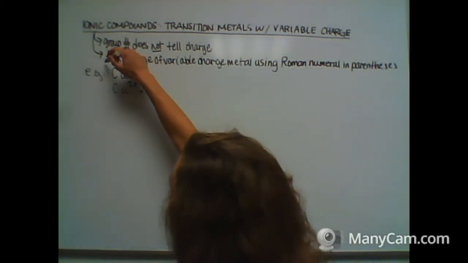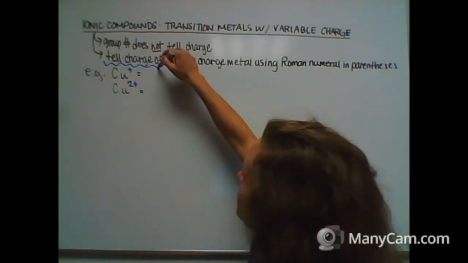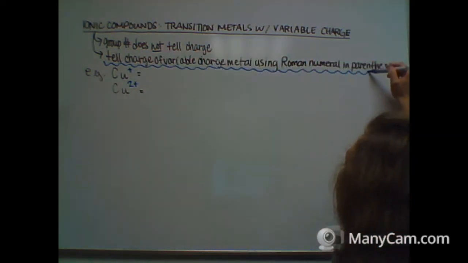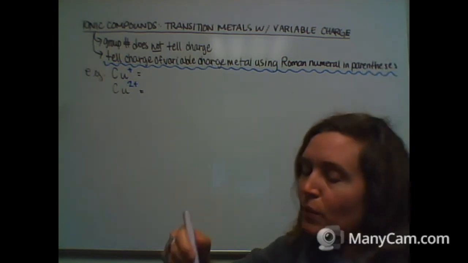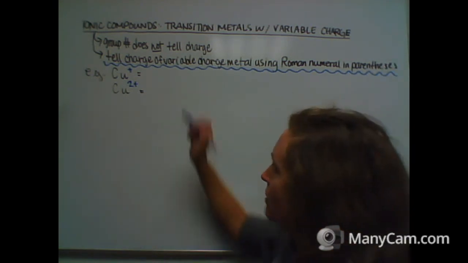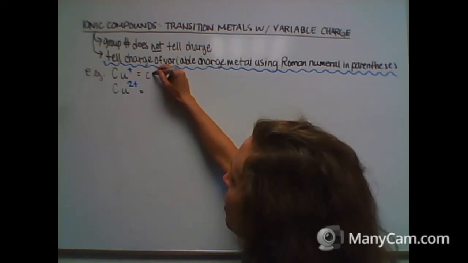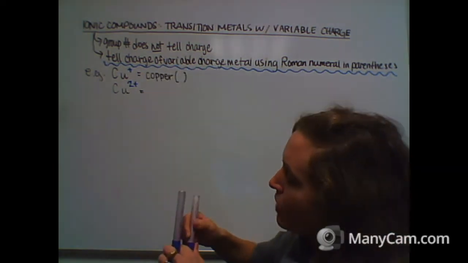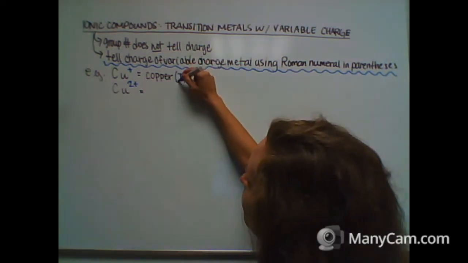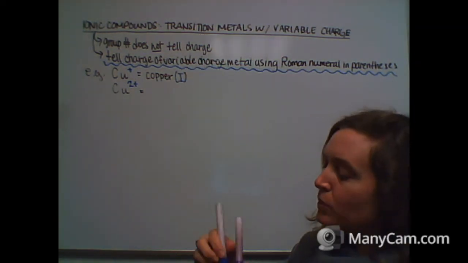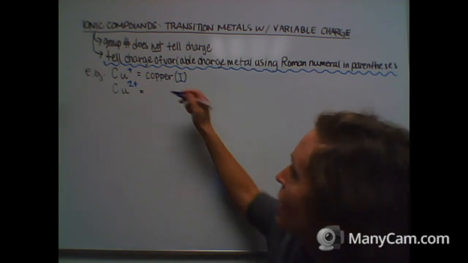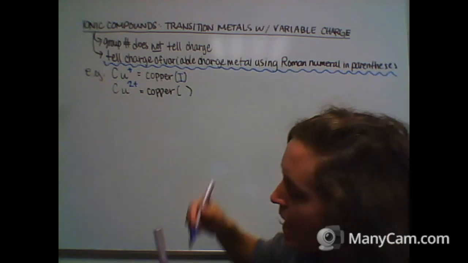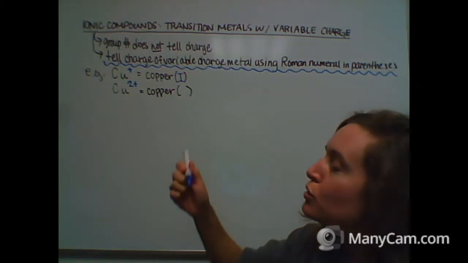And I'm going to underline this here in blue because that's an important point for today. Okay, so the way that we would say this ion, name this ion, say it out loud, would be copper 1. And we write it with a Roman numeral 1 in parentheses. The way that we would say copper 2+ is just saying copper 2. And we would write it with a Roman numeral 2 in parentheses.